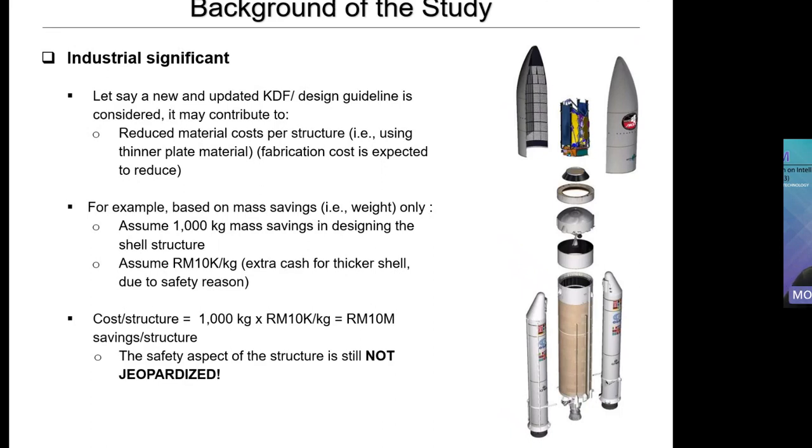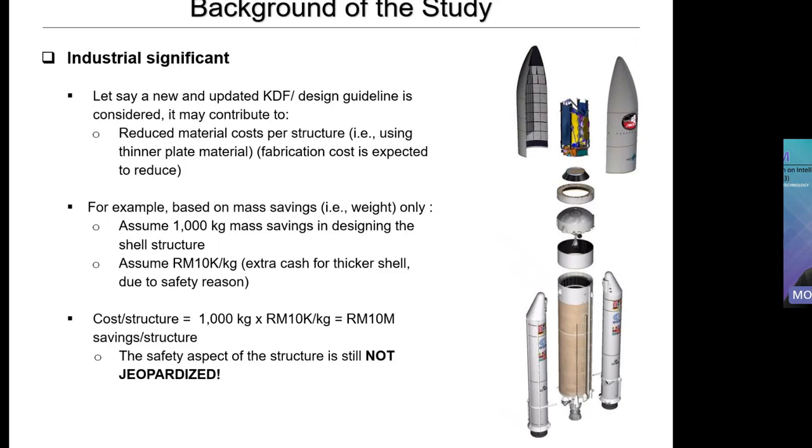Let's say there's a new updated KDF, meaning knockdown factor. If a new or updated knockdown factor or design guideline is considered, it may help to reduce the material cost per structure, as we can be more daring, using a much thinner plate and lighter material.